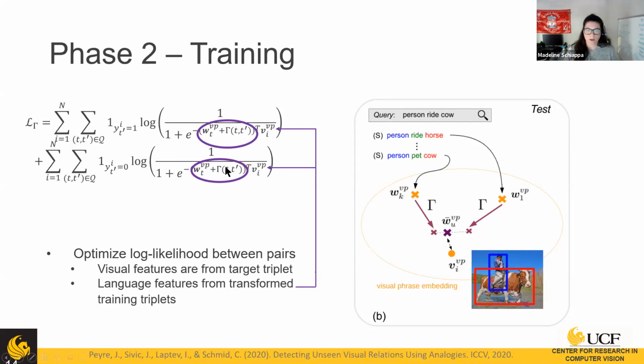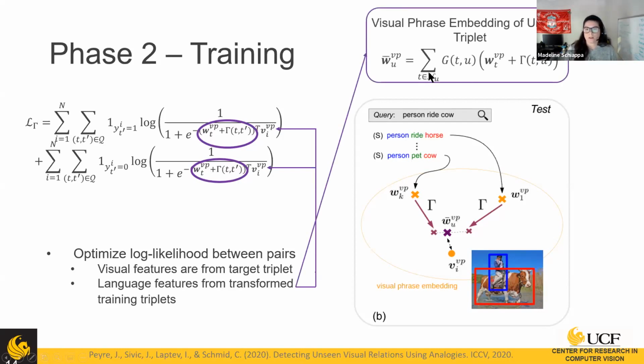And this involves that transformation function from the source triplet and the target triplet and the source triplet's textual embedding. Now to get the final visual phrase embedding, we're basically aggregating all of these source triplet transformations and using a gated function to weight the contribution of that source phrase. I'm not going too much into detail of this, but this basically weights how similar the source triplet is, and if it's more similar than another, it'll be weighted more in this function.